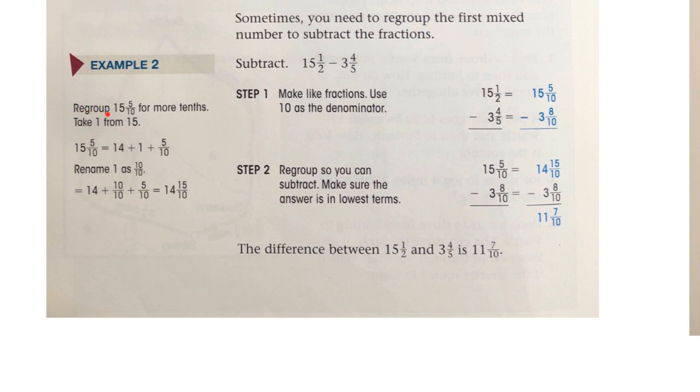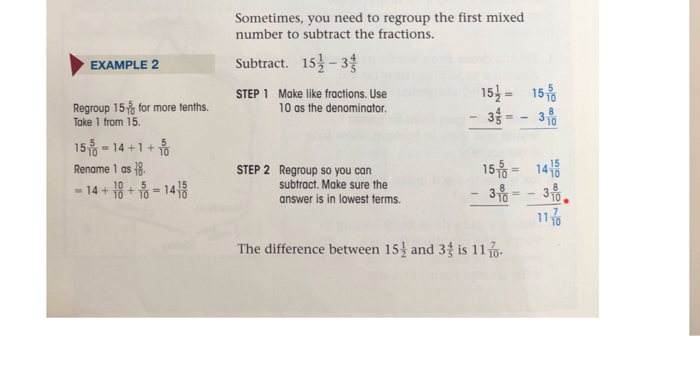Regroup 15 5/10 for more tenths. Take 1 from 15 and rename as 10/10. 14 plus 10/10 plus 5/10 equals 14 15/10. 14 15/10 take away 3 8/10.